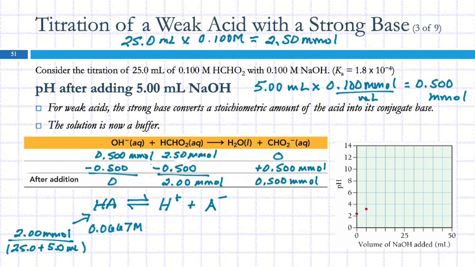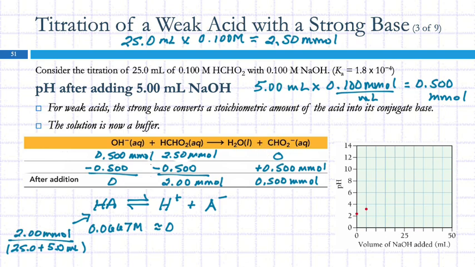And what do I say for my hydrogen ion concentration? Essentially 0, right? And then how do I find this concentration? That's the conjugate base.